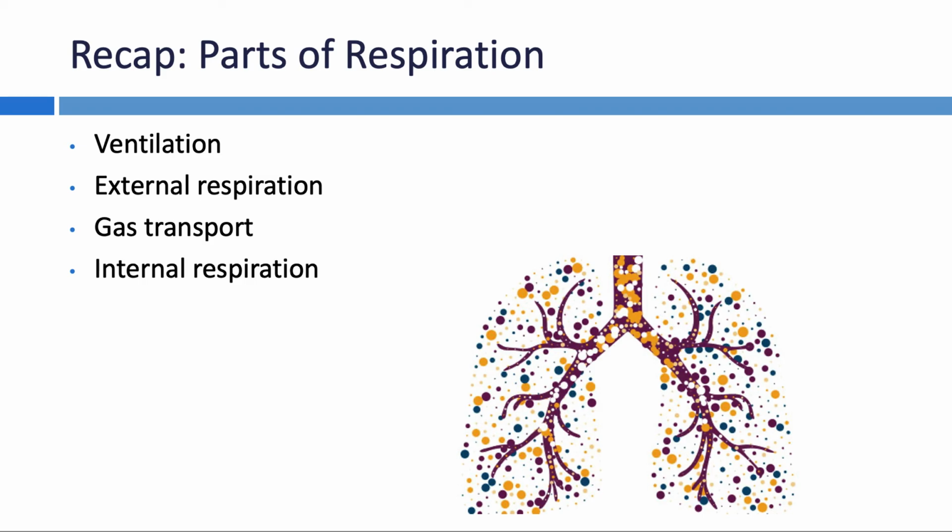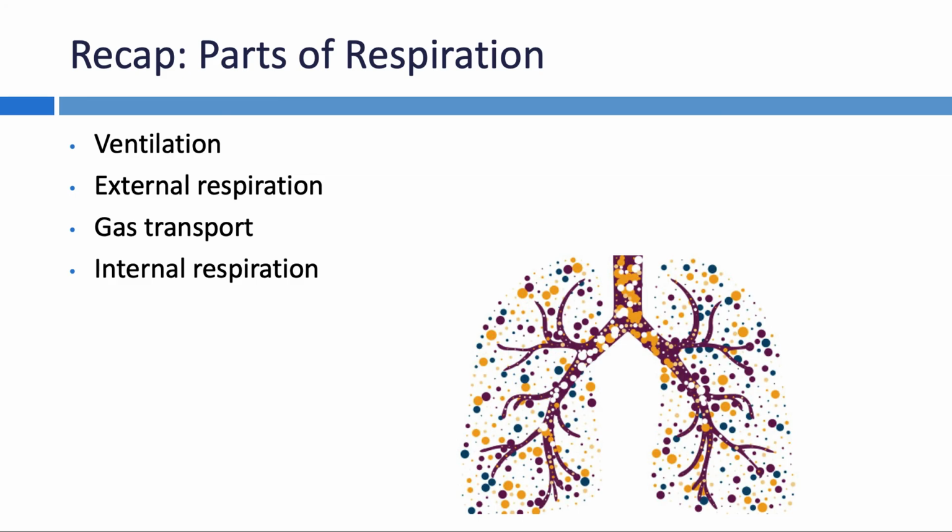So if we're talking about oxygen, inhalation brings oxygen into the body. External respiration then transfers that oxygen into the blood. The cardiovascular system then transports that oxygen throughout the body, where through internal respiration, it can diffuse into the cellular tissues, or the tissues of different cells throughout our body.